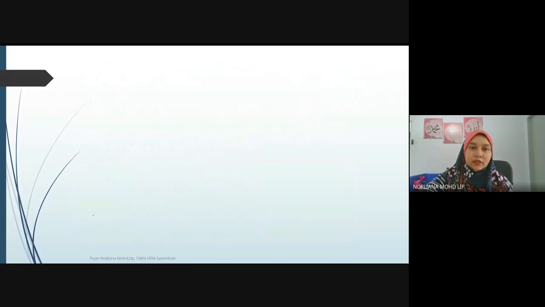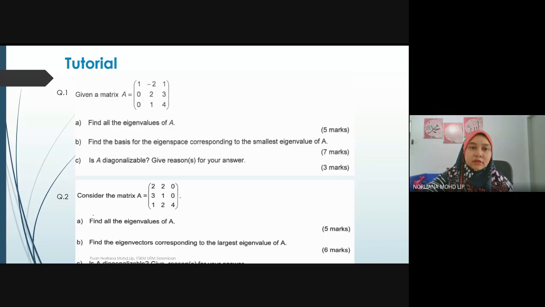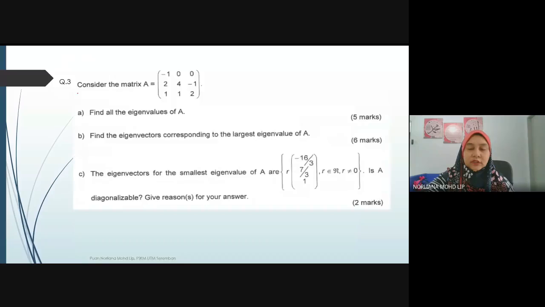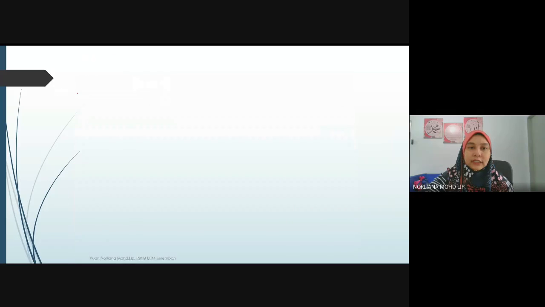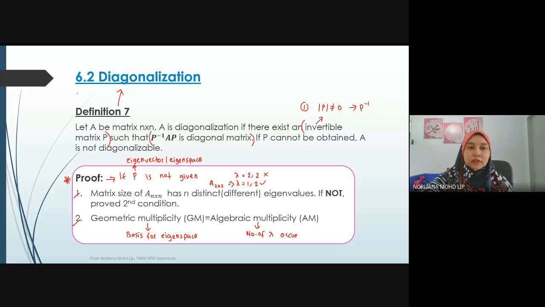Okay, we'll look at example for diagonalization. Okay, ni dah habis. Kita tengok pasir lah. Okay, yang ni boleh buat juga. Tengok soalan pasir. Awak kena ingat ni lah tadi. Teorem 2 ni. 1 and 2.